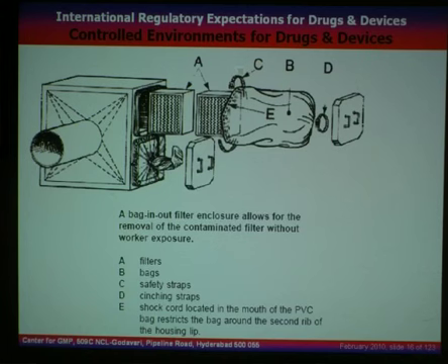And when you choose to change such filters, you must first follow very strict biosafe protocols for decontaminating these filters before anybody handles them. Here we have an arrangement where we have a filter which can be removed safely using a concept or technique called bag in, bag out filters. So effectively, the filter is pushed into a bag and sealed without having the operator to physically touch the infected parts of the HEPA filter.